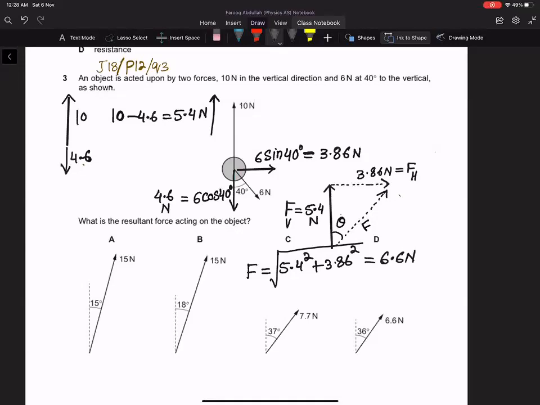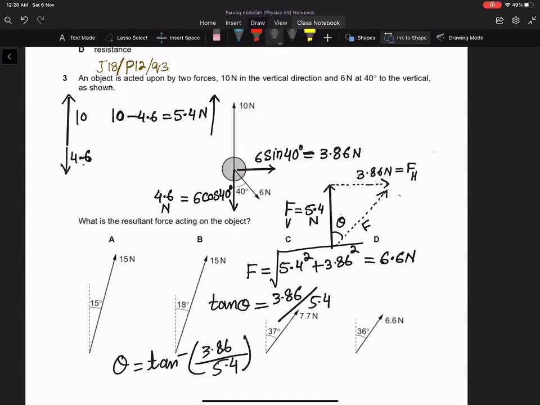And for the angle, tan of theta will be equal to 3.86 over 5.4. So theta is equal to tan inverse of 3.86 divided by 5.4, which is 0.71.